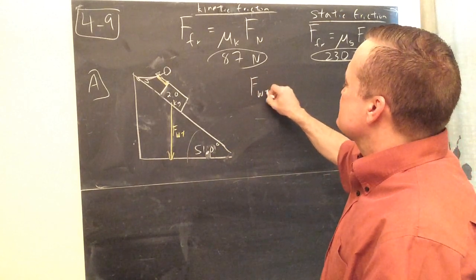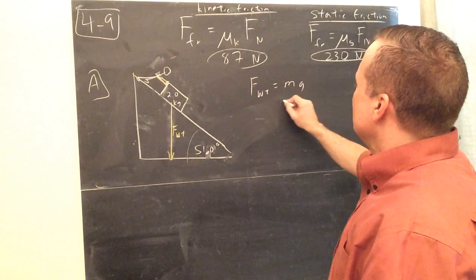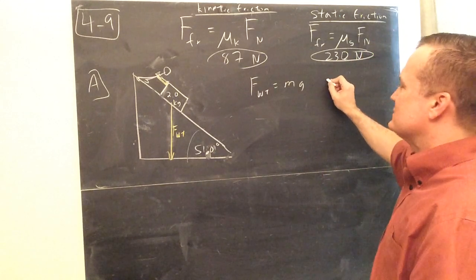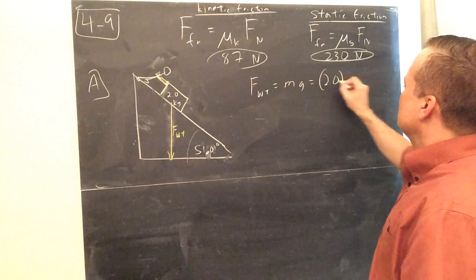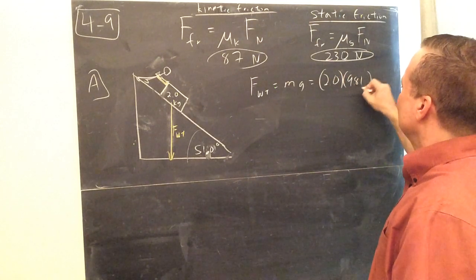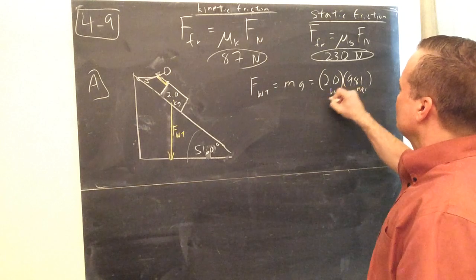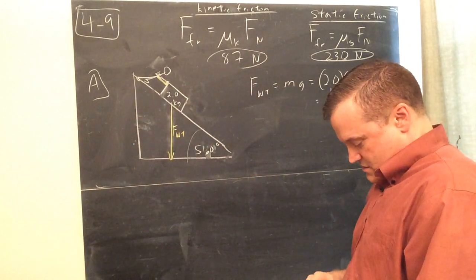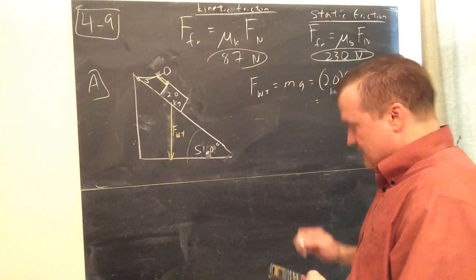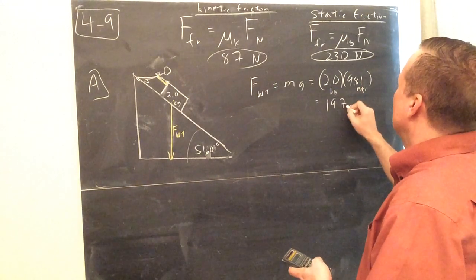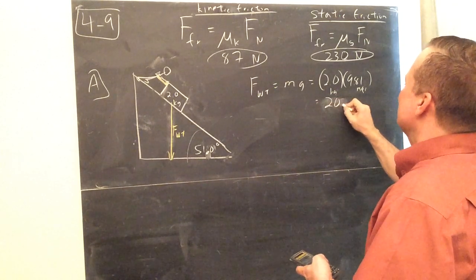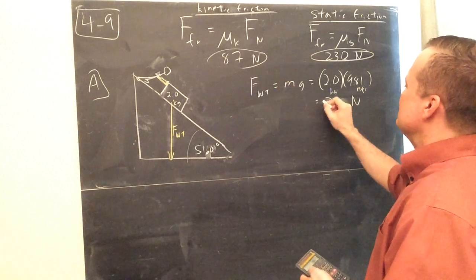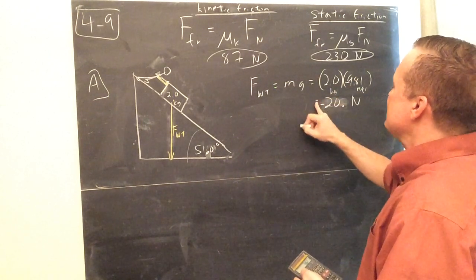So the weight of the box, mg, will be 2 times 9.81, which is 19.7, or 20 actually. I can stick with 20, easier math too. 20 newtons. Okay, negative 20. So the weight is negative 20.